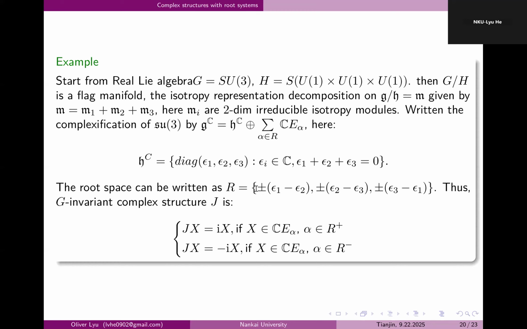We state the root decomposition in this way. The order is G invariant, which means that if you act by G on the left, the order is not going to be changed. So there is a G invariant complex structure we can write in this way, in one-to-one correspondence with a root space decomposition.